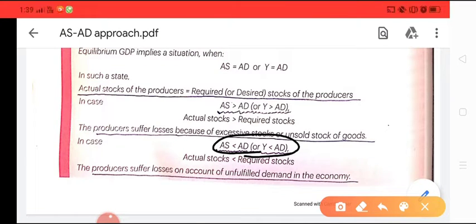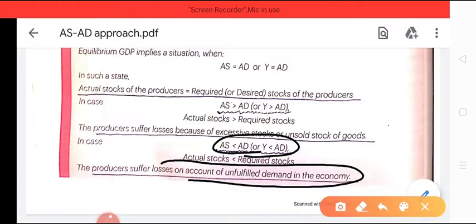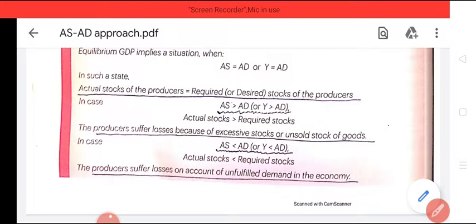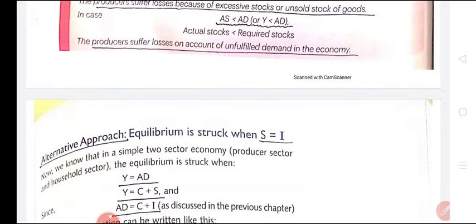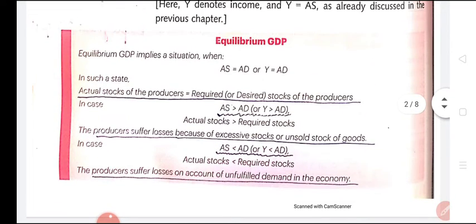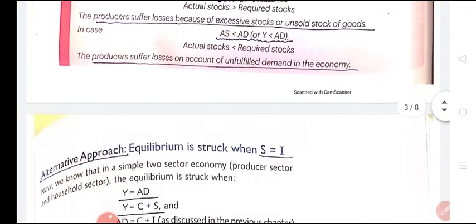This will be the situation when producers would have an opportunity to earn more profit by selling more, but production is falling short and they cannot get the profit. They suffer the loss on account of unfulfilled demand in the economy. This is one approach, also referred to as the aggregate demand and aggregate supply approach of equilibrium.